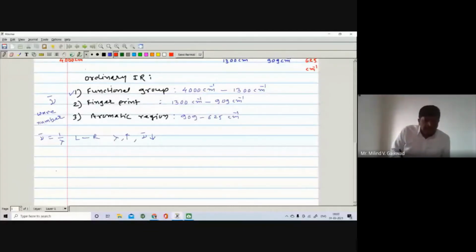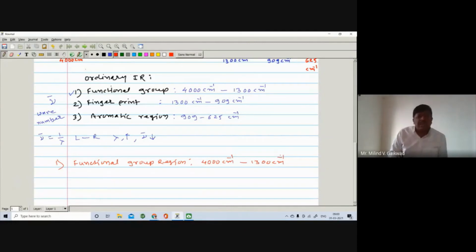Number one, the functional group region. What is the range for this functional group region? It is from 4000 centimeter inverse to 1300 centimeter inverse.